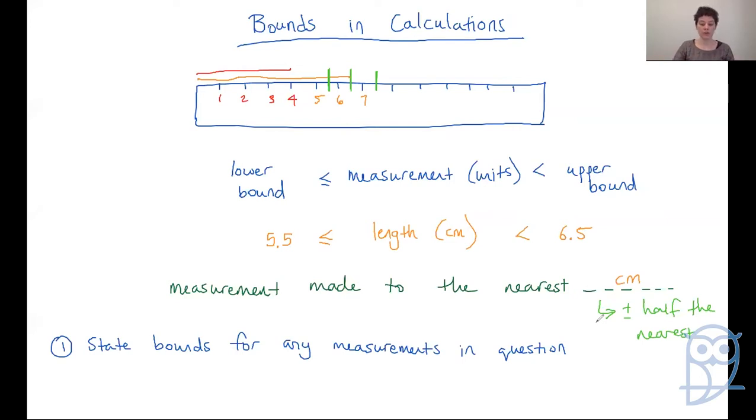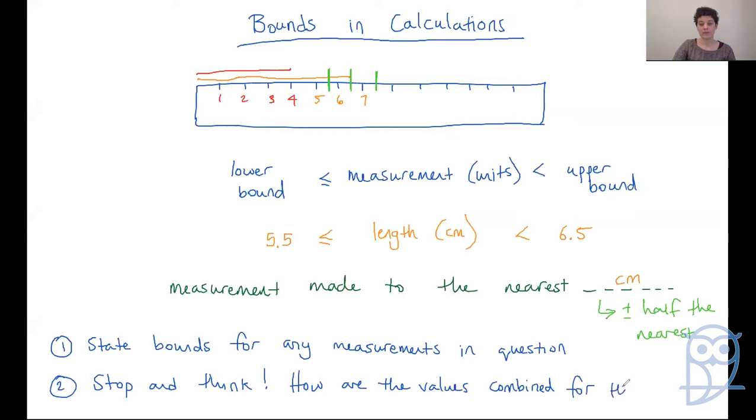Once you've got those, you're going to stop and think: how are the values combined for the calculation that you're doing? So first we state the bounds, then we think, and only then do we calculate.